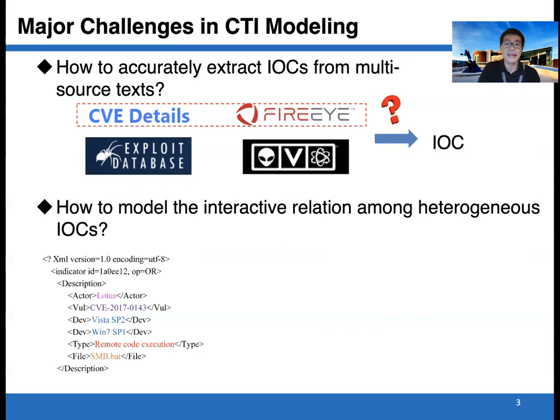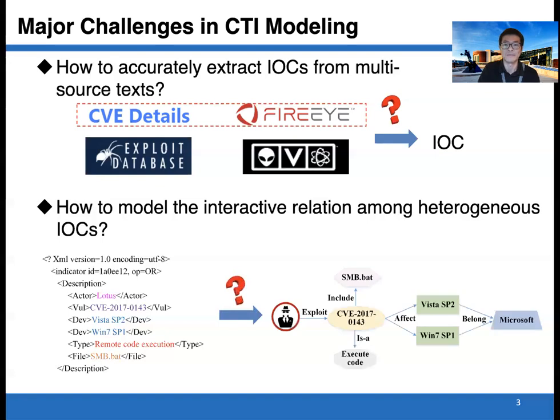Second, existing isolated CTI cannot provide a comprehensive landscape of threat events. In this example, we can see traditional IOCs provide individual threat fields for different IOC entities, while their relationship is largely neglected. More importantly, the relationship among different IOCs has not been established in traditional CTI platforms.